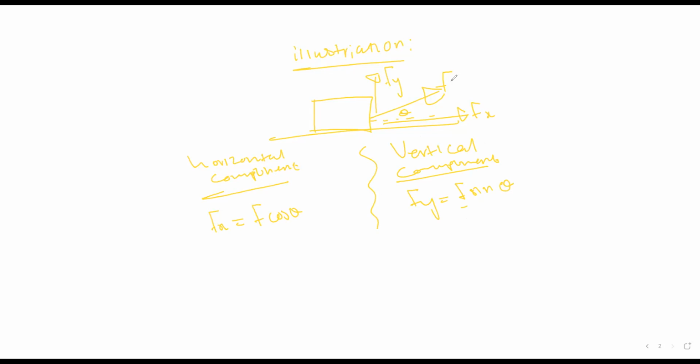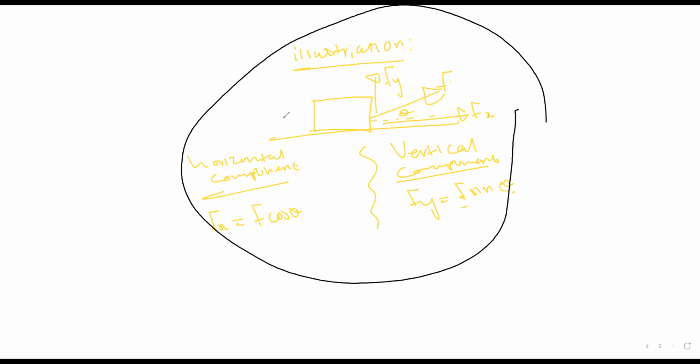This F is this F, theta is this theta. And even on this side, everything corresponds accordingly. But in vertical projectile motion, this only works if they give you a diagram like this.